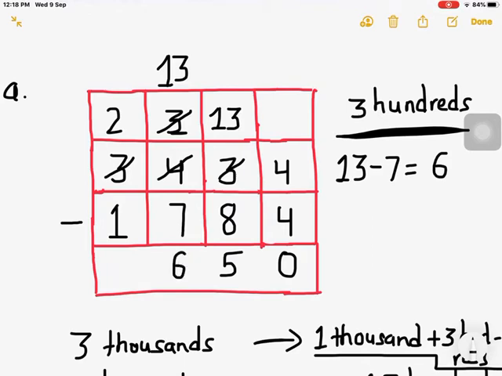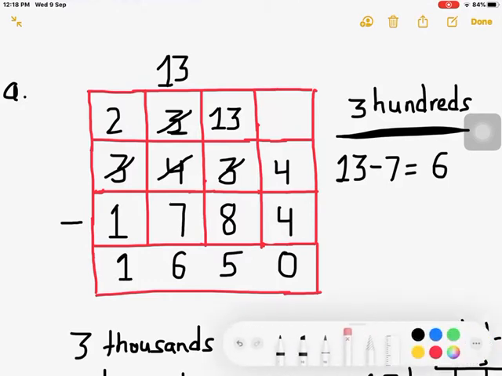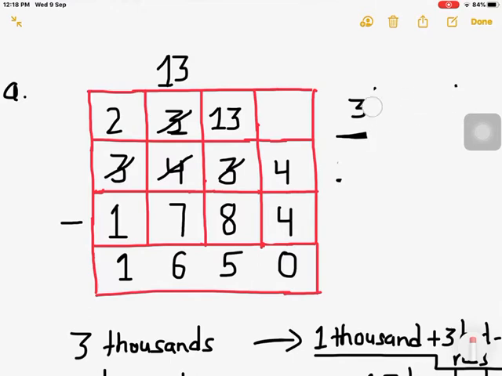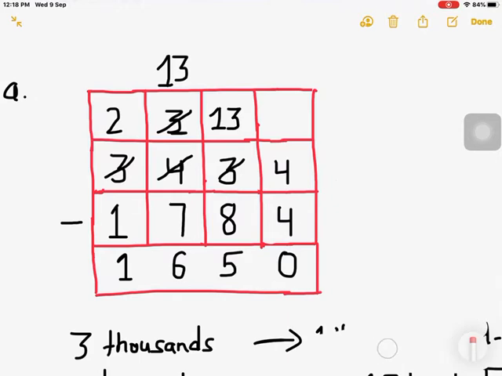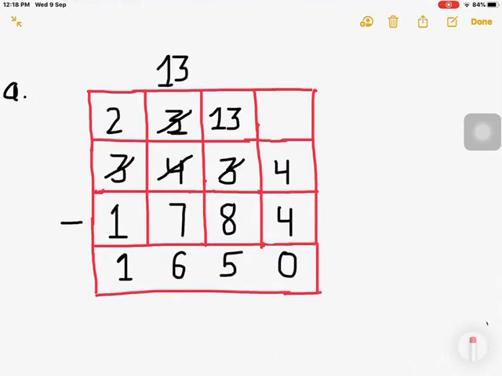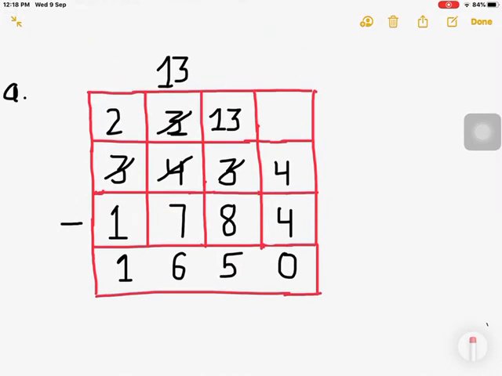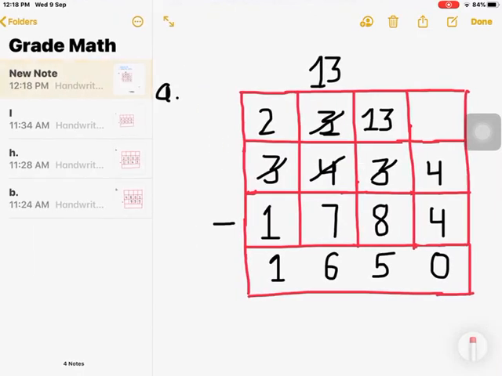Now 2 minus 1 is 1, so now we have the difference 1650. Understood? We have to be very clear with the concept of borrowing, okay. If we know the concept of borrowing, then subtraction is very easy. Understood? So this is our answer. Now let us go to another question.